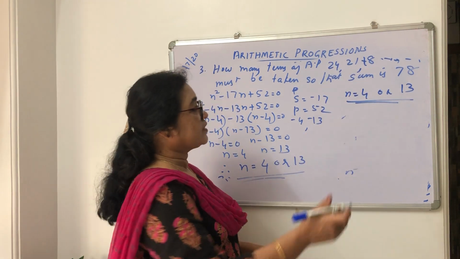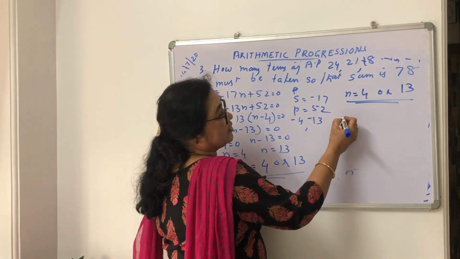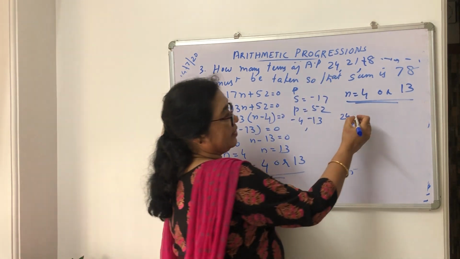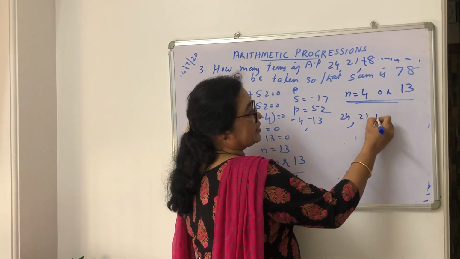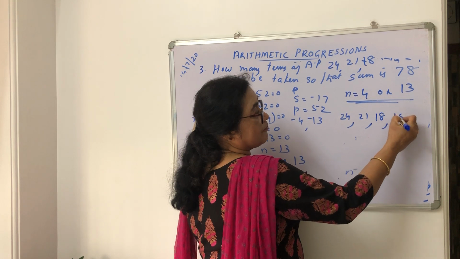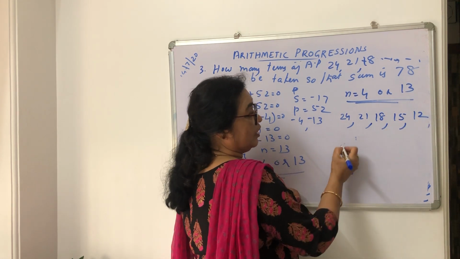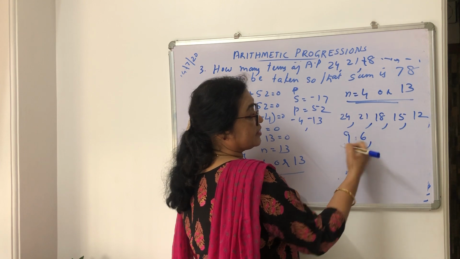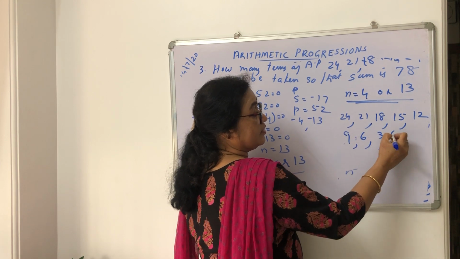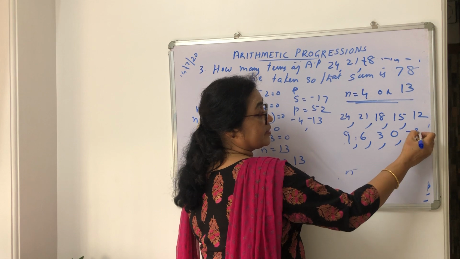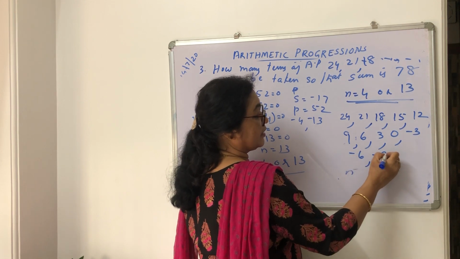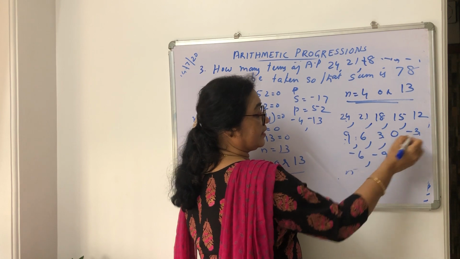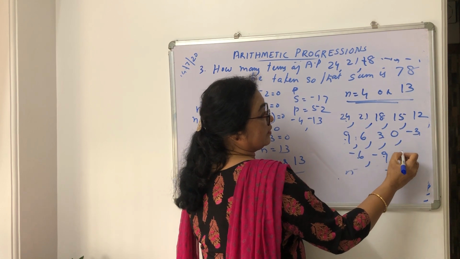I will explain it once again. I am going to write down this AP. D is minus 3: 24, 21, 18, 15, 12, 9, 6, 3, 0, minus 3, minus 6, and so on, up to the 13th term.